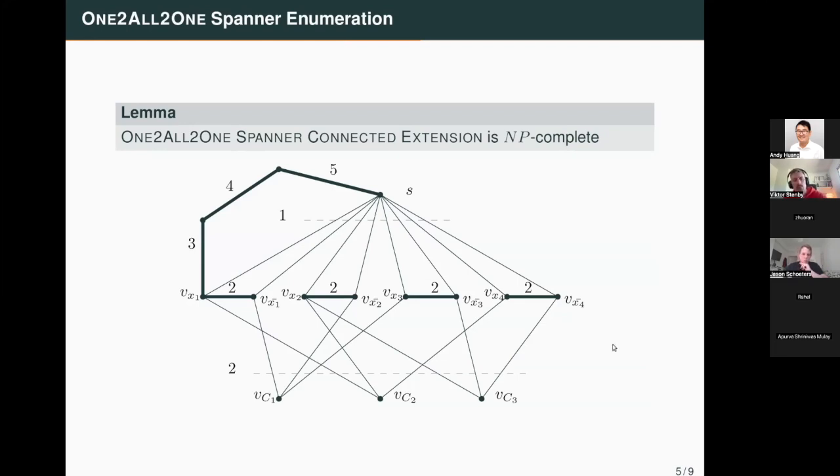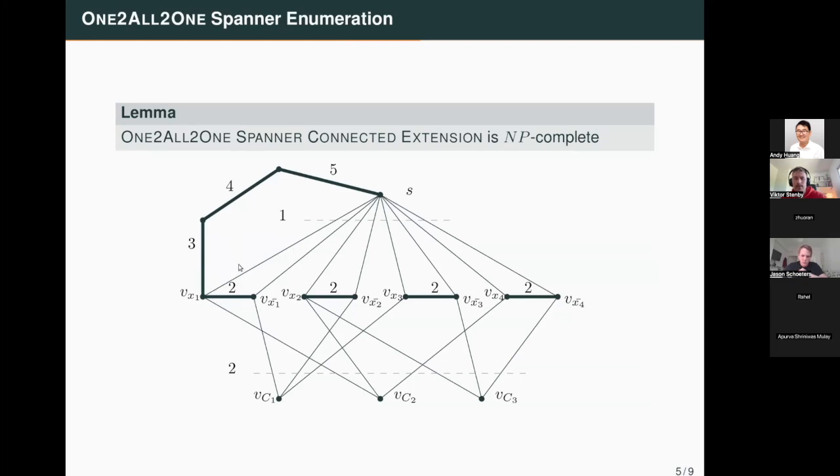And what we did at first was studying the connected extension again, because that worked for the last connectivity. It might work here as well. But even in this specific case of connected extension, we show that it's NP-complete. And we actually use the same structure as before, in which we just add these little paths that go back to S for every vertex.